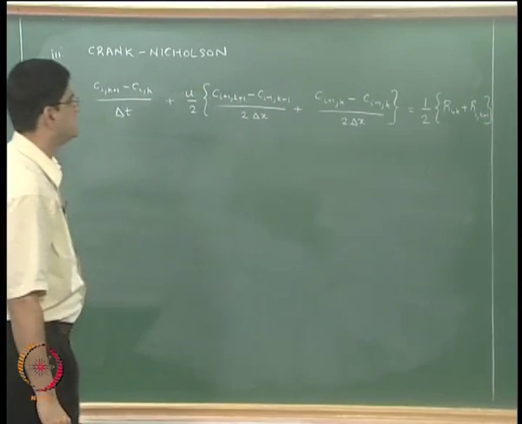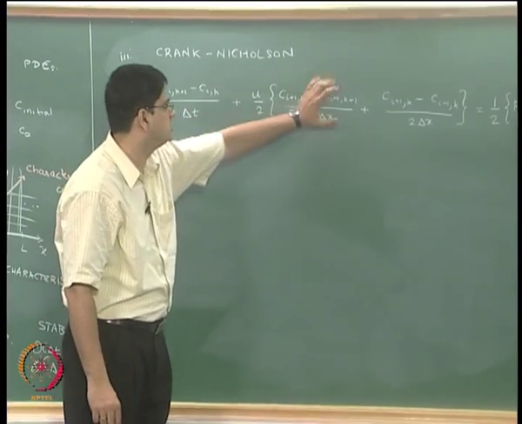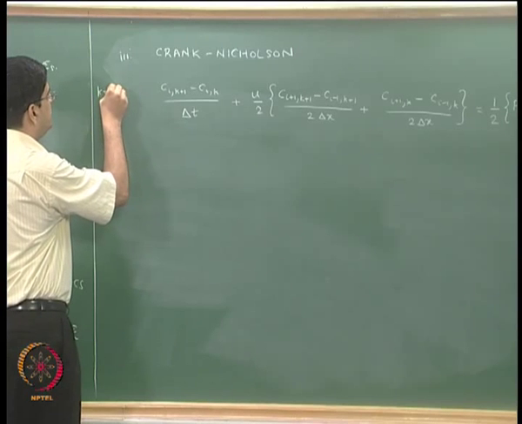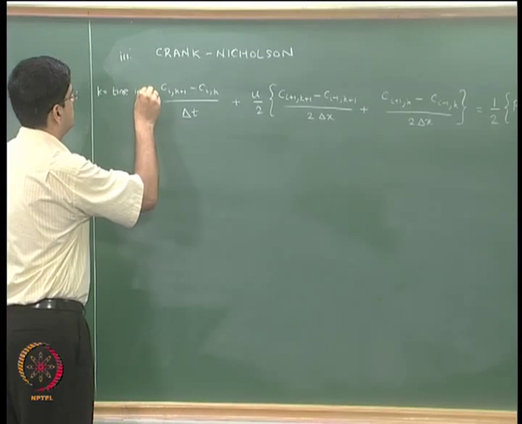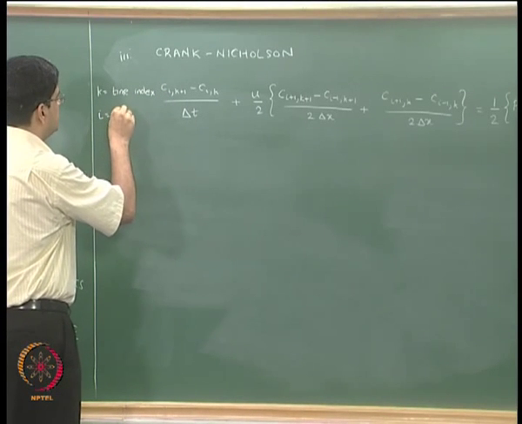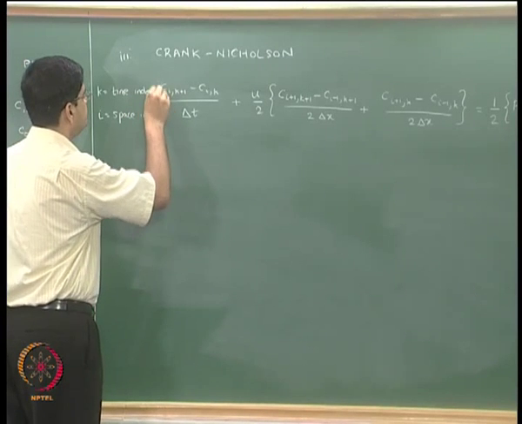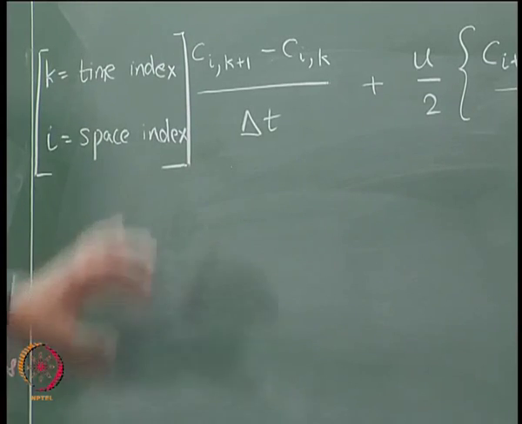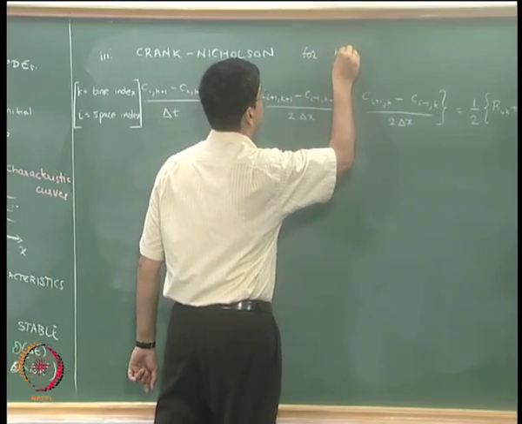Okay. This is going to be our Crank-Nicolson scheme. Keep in mind k is the time index, i is the spatial index. So this is the Crank-Nicolson method for hyperbolic PDE.